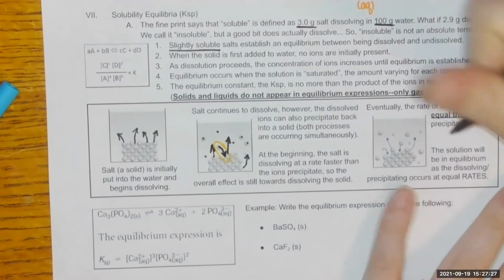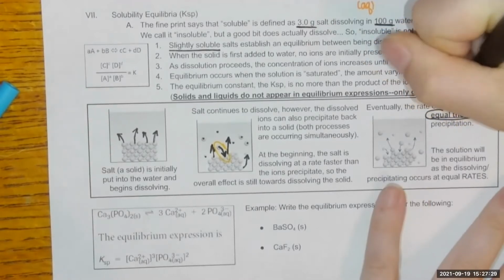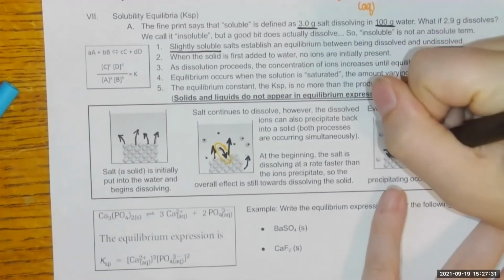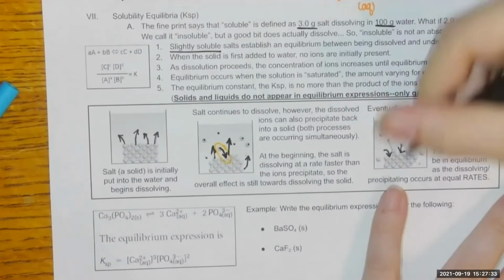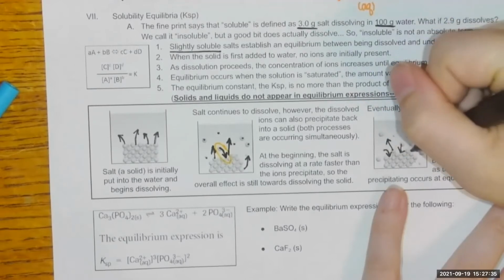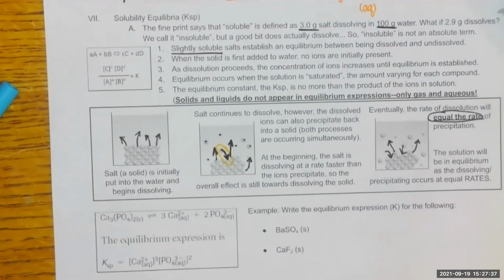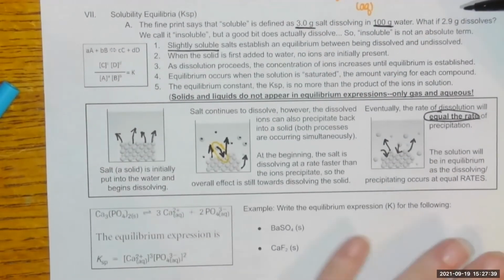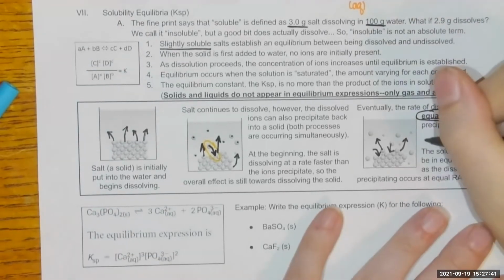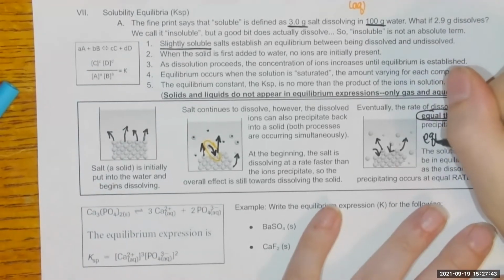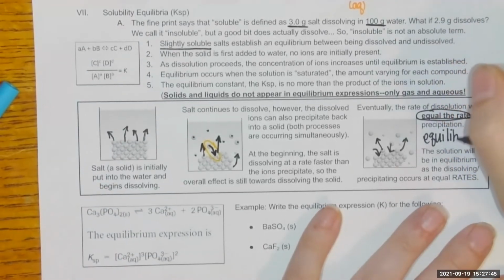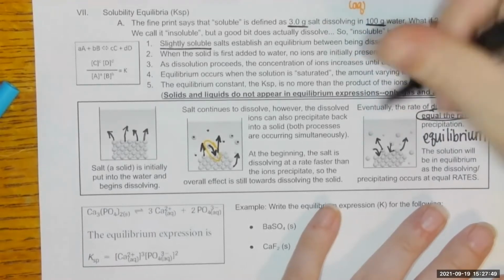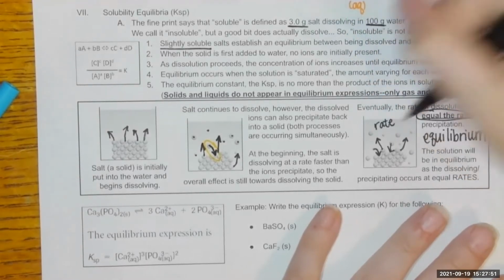But once they become equal, see how we've got 2 of them going back and 2 of them going forward. Once we get to that place, this is called equilibrium, when the same rate is happening.